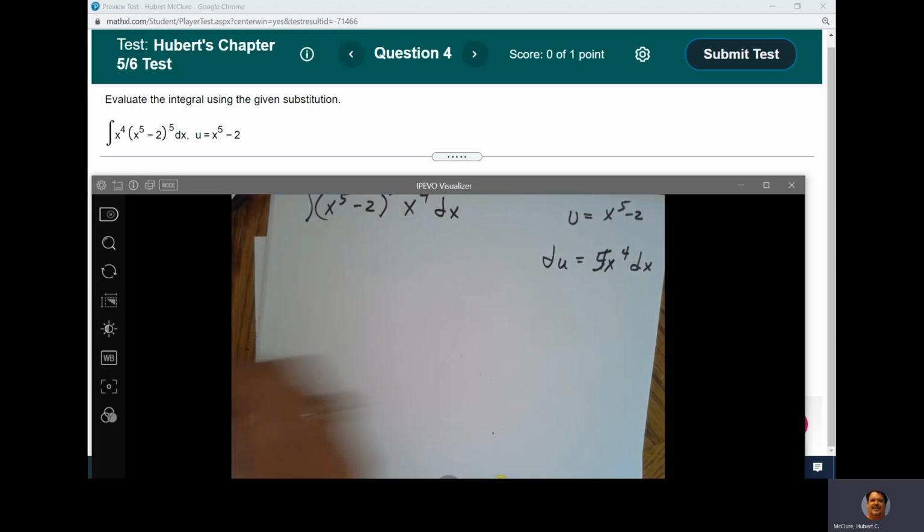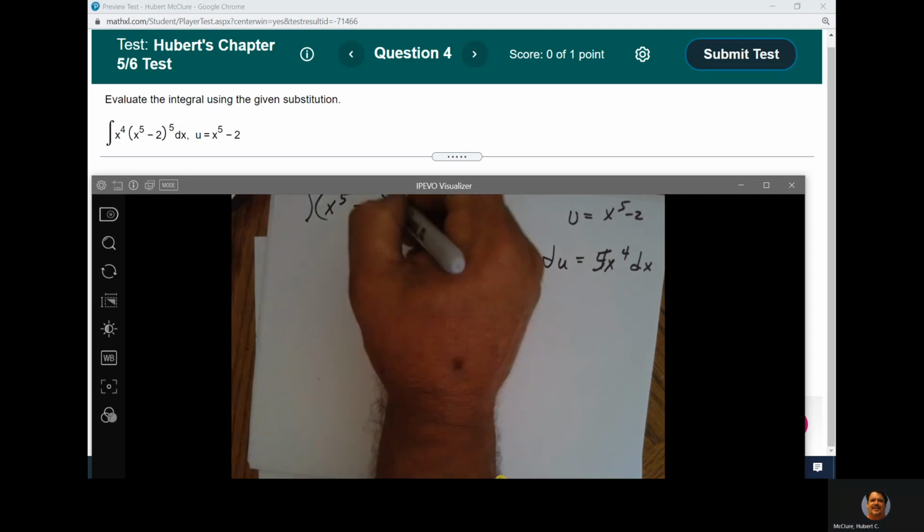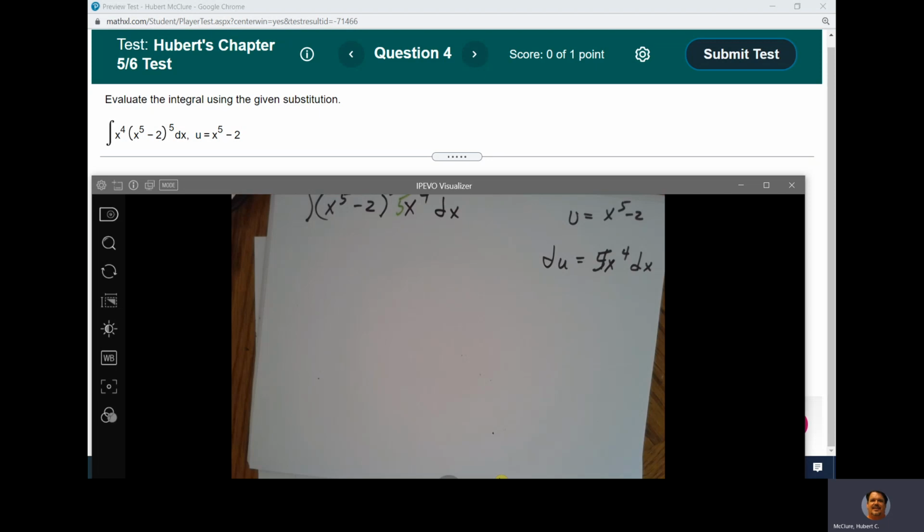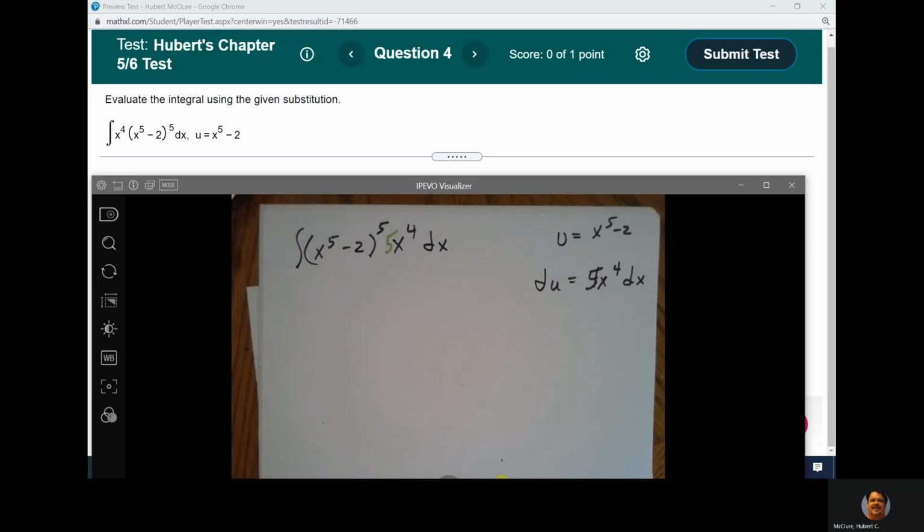And we've got a 5 here. So I take my handy dandy colors and I put a 5 here, and I put a 1/5 here.